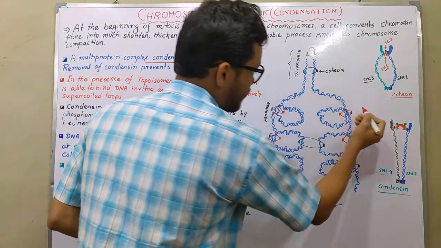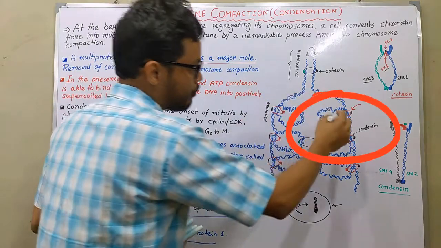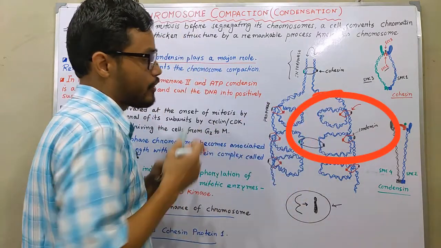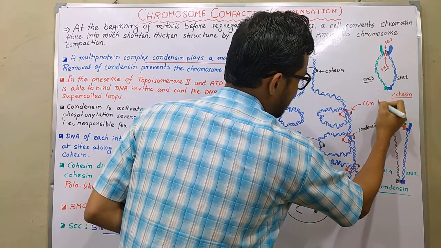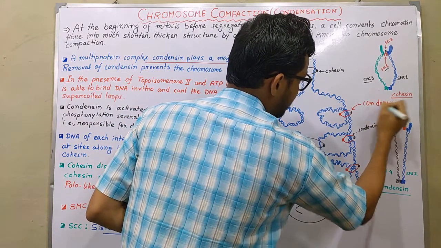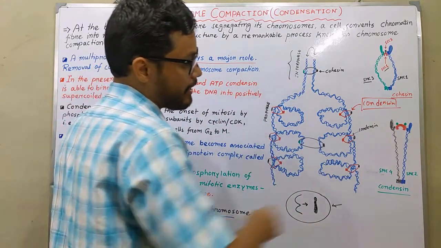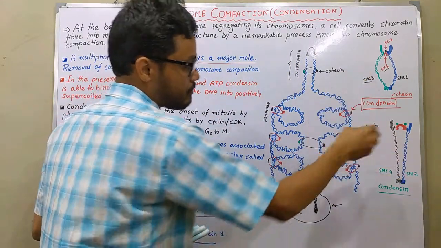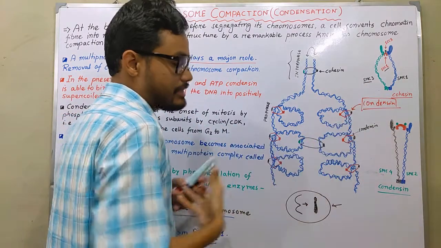Here you see that the DNA is curled up, and those curling points, the joining points, are held by a protein. These specialized proteins are known as condensins. Condensins are made up of two different kinds of proteins: SMC2 and SMC4, and another one is SCC.